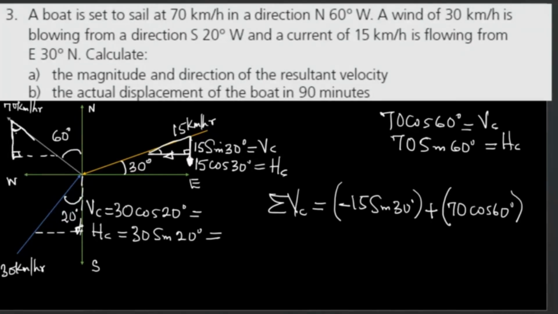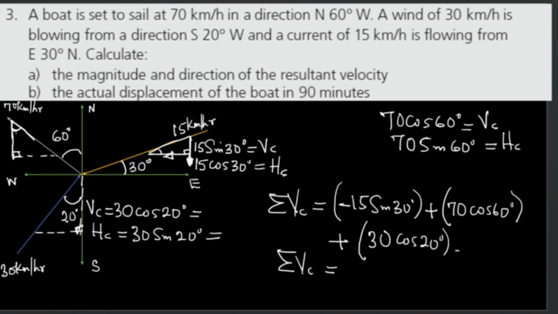Then with the 30 kilometers per hour, plus the vertical component here is 30 cos 20 degrees. It's going up, right? So it's going to be 30 cos 20 degrees. Can you guys find me the total of these from your calculator?